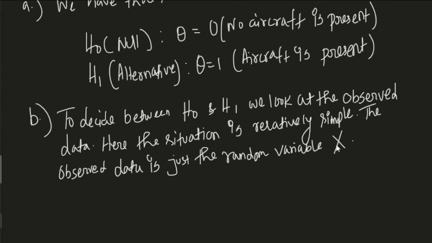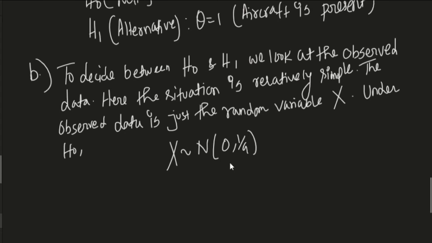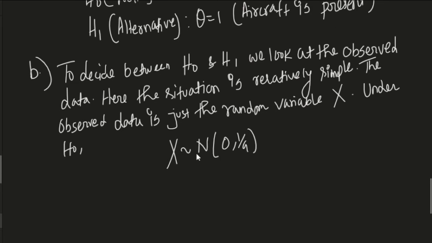Under H naught, x follows normal distribution with mean 0 and variance 1 by n.